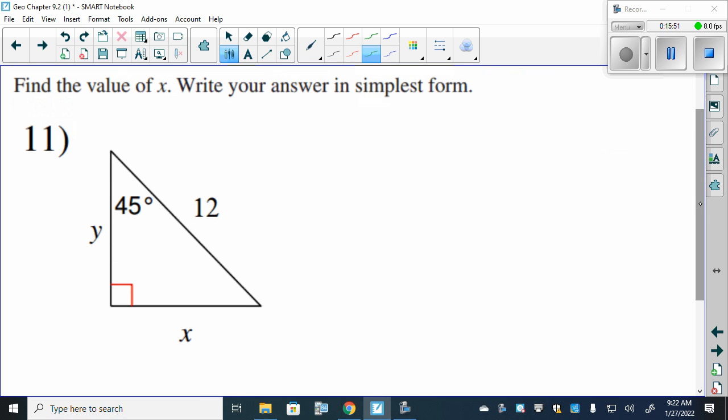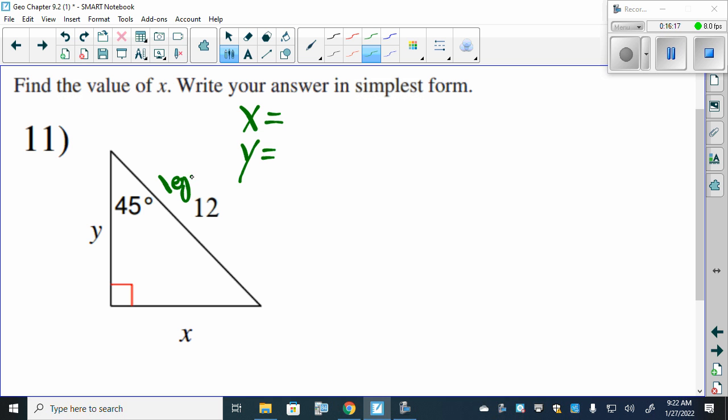Okay. So this one here is next, and we need to find the value of x and the value of y. And what would the value of x and y be here? Because 12 is the hypotenuse, and the hypotenuse is always what?